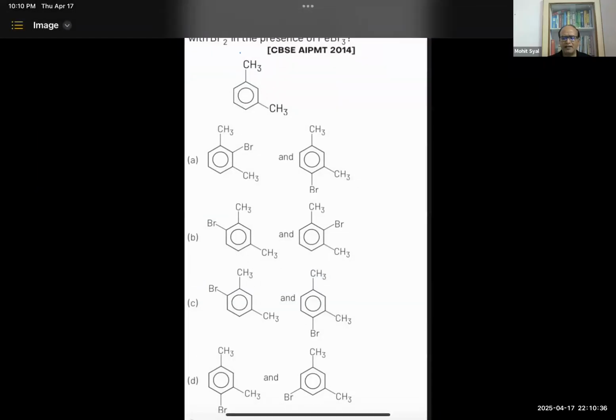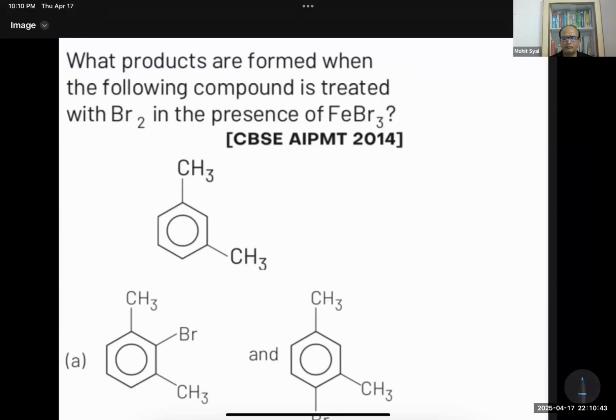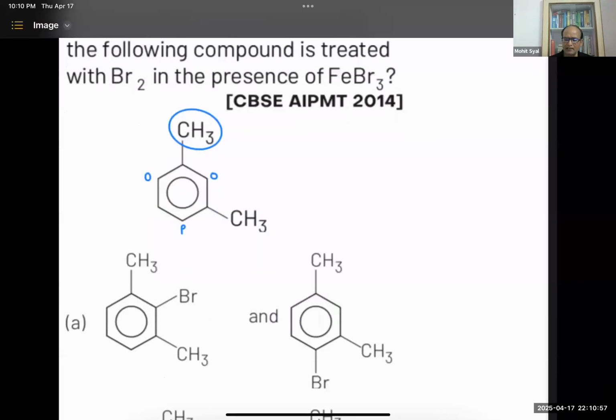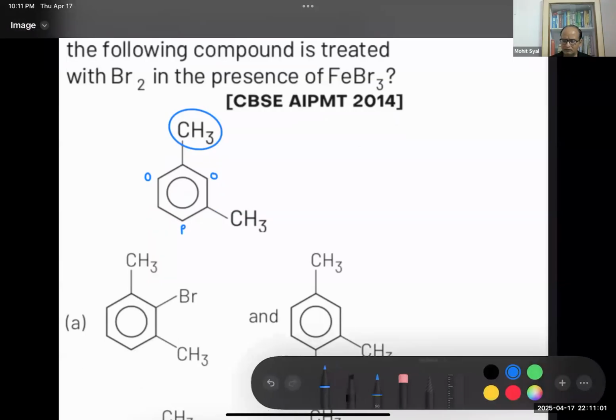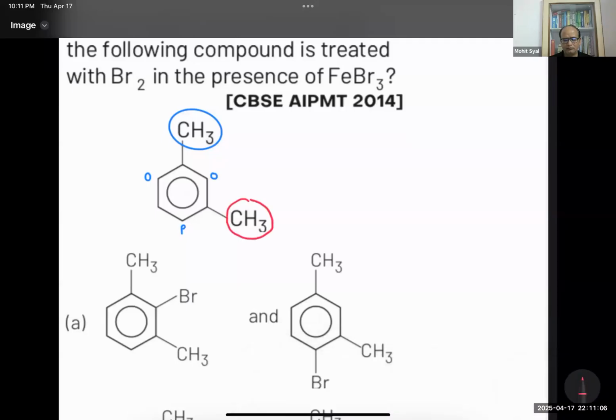So if you take this methyl, the blue one, these are the ortho positions with respect to methyl, and this is the para position. And if you take another methyl, this is also ortho-para directing.